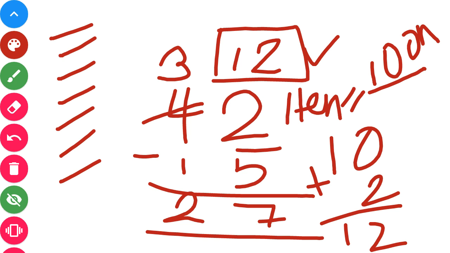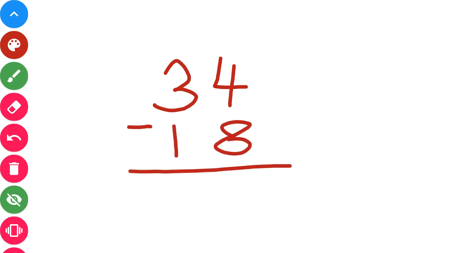Great. Let us take one more example. Suppose I have to subtract 18 from 34. Now what will we do? We will start from the ones place. So which number do we have at ones?